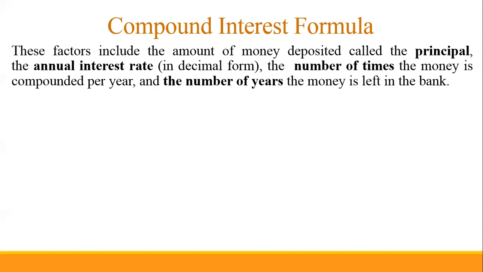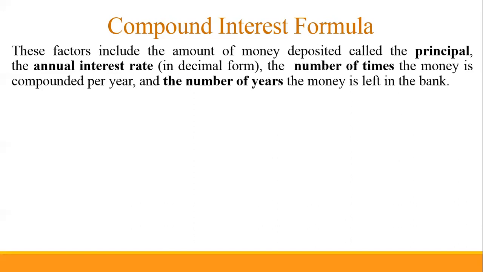So, the mathematical formula for calculating compound interest depends on several factors, right? These factors include the amount of money deposited, which is what we call the principal, the annual interest rate in decimal form, the number of times the money is compounded per year, and the number of years the money is left in the bank.